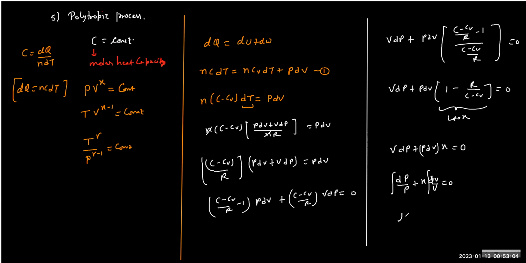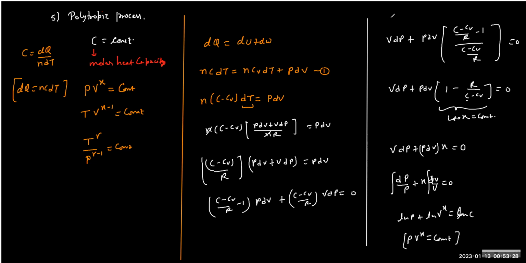And now you know how to integrate and get the answer. So it is ln P plus X ln V equals ln C, that's correct. And now you know the answer. Now tell me, X is a constant, and for X to be constant, what is the condition here? Unless C is constant, can we call this a constant?